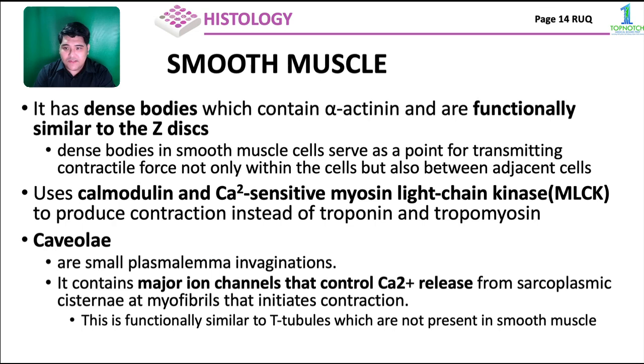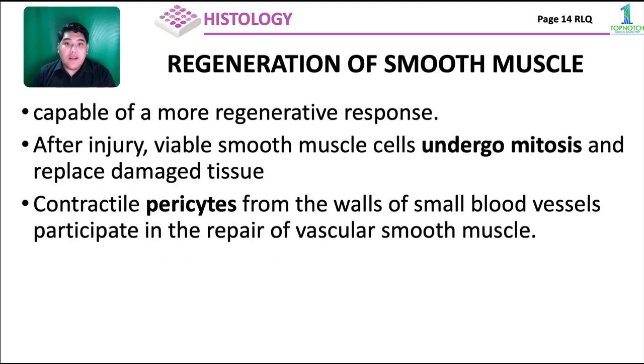Again, mnemonic lang tayo, caveolae, calcium, like your T-tubules. Calmodulin is like your troponin C. Then your dense bodies for your ZDs. So that's the important difference, no, ng skeletal to your smooth muscle.